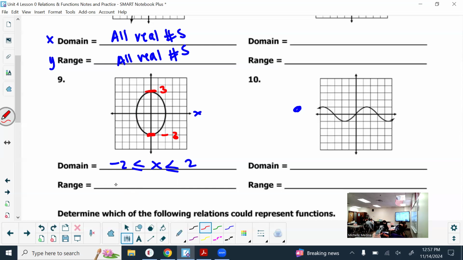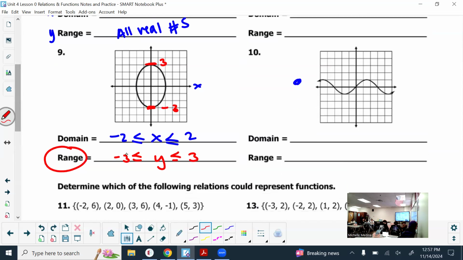I would recommend put your smaller value on the left, bigger one on the right. We're talking about range, so use the letter y. And when I put the symbols this way, I'm saying that y can be all the numbers between -3 and 3, including those numbers. Does that make sense?